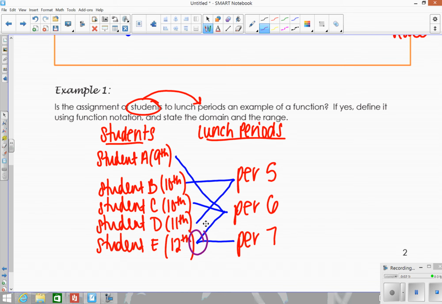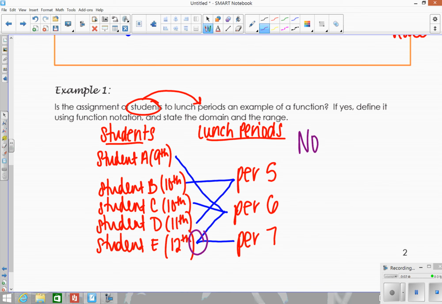Every other scenario is completely fine because this 9th grader is going to 1 lunch, this 10th grader is going to 1 lunch, this 10th grader is going to 1 output, and this junior is going to 1 output. However, this input has multiple outputs. So, is this a function? Well, no, it's not a function because of that senior.